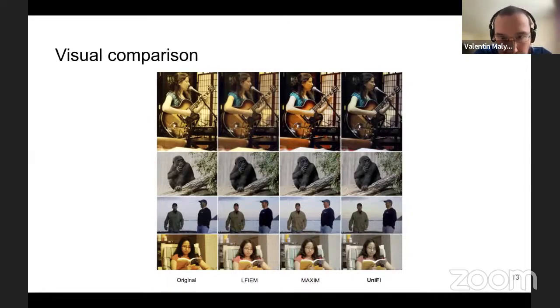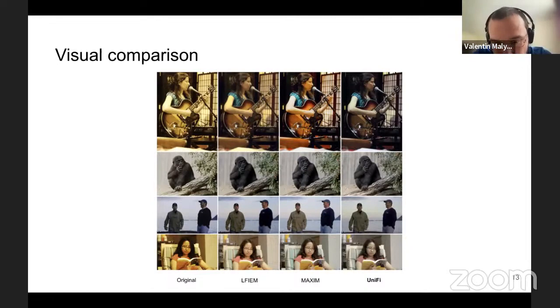If we look at the images, we can see that Maxim is actually doing better. Maybe it's good, but maybe it's not the best. Of course, it's subjective judgment.